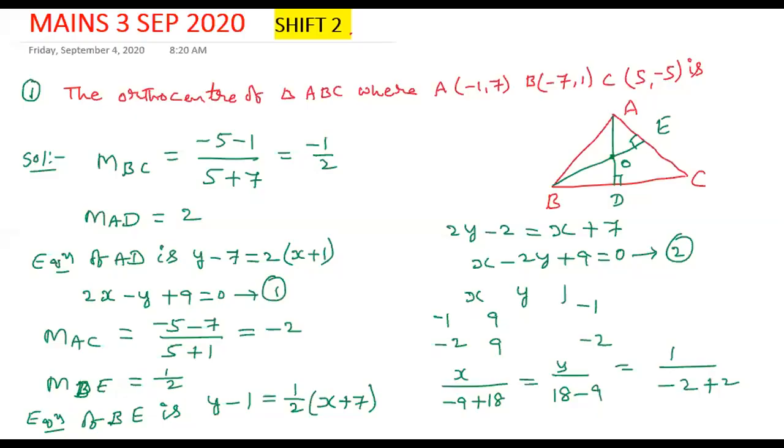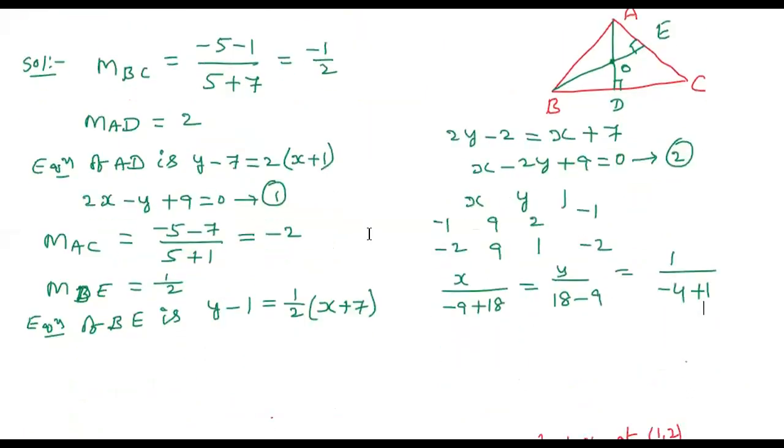Students, here small calculation. Here is 2, here is 2, here is 1. Similarly, here how much we get? Minus 4 plus 1. Now observe that x is equal to 9 by minus 3, y is equal to 9 by minus 3.